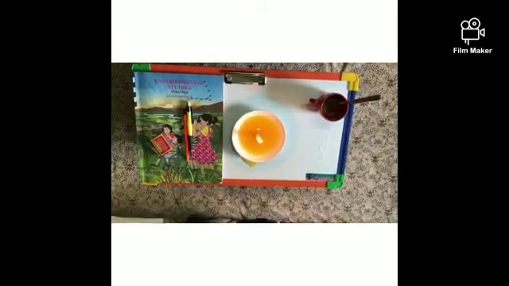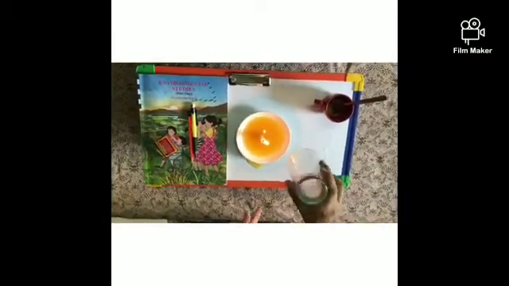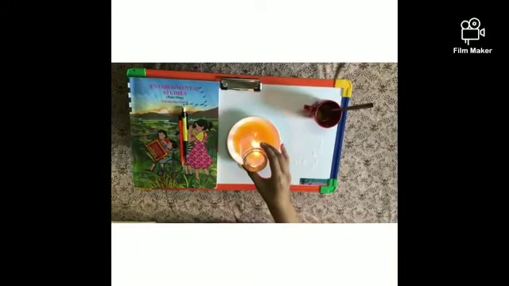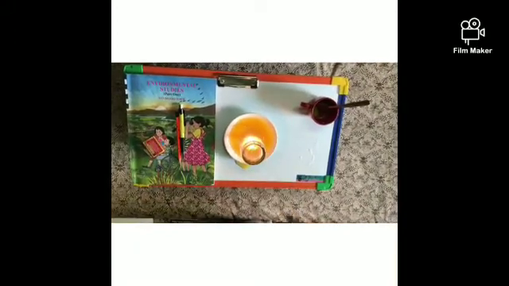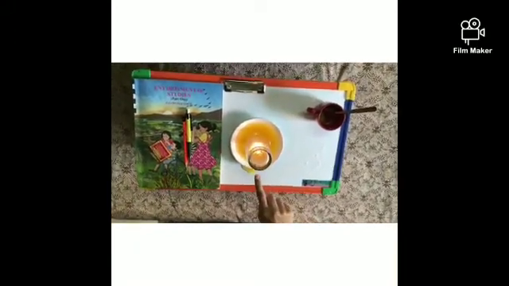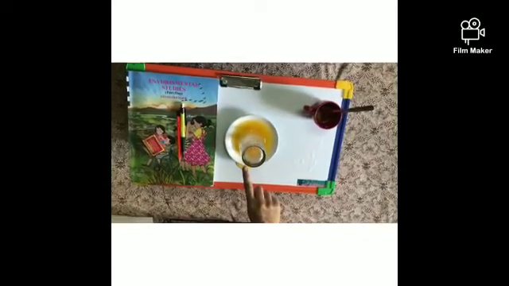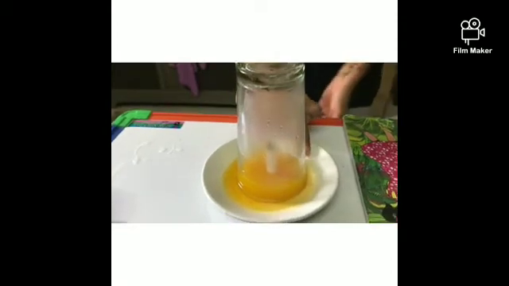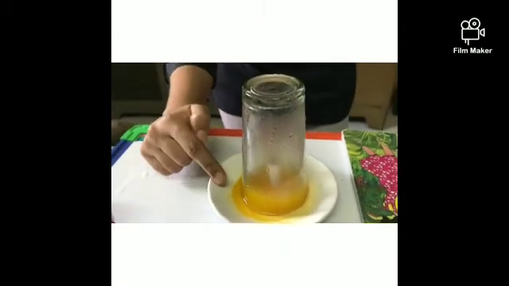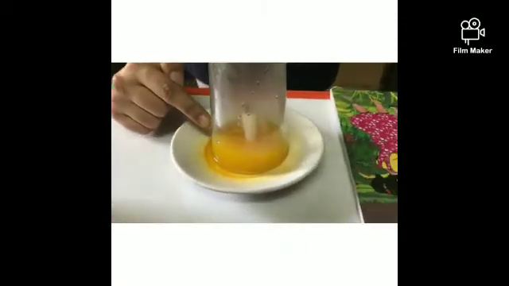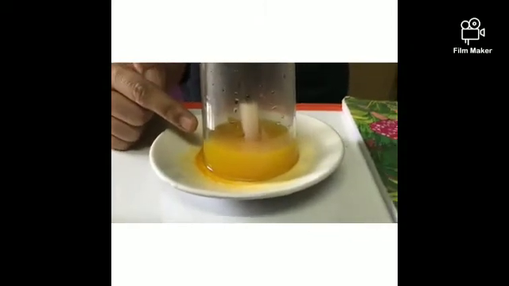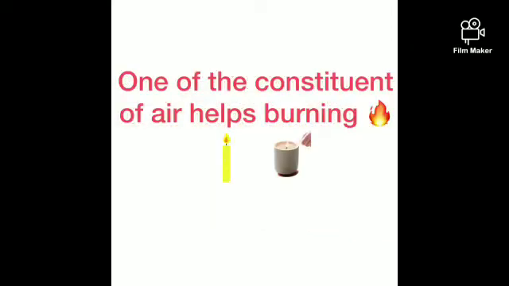Now place a glass tumbler over the candle. What do you see? Soon the candle goes out and the level of water inside the tumbler rises up to a certain level. See how clearly we can see the level of water rising. Isn't it amazing? Now, why does this happen?